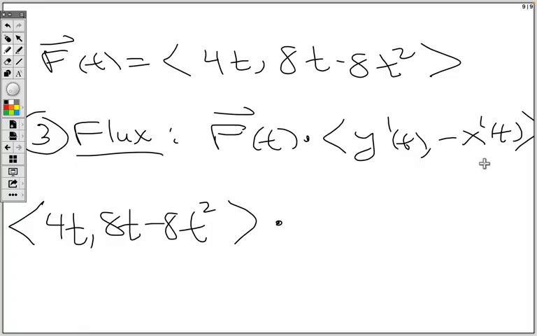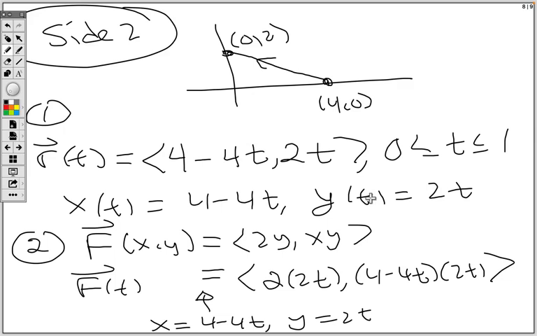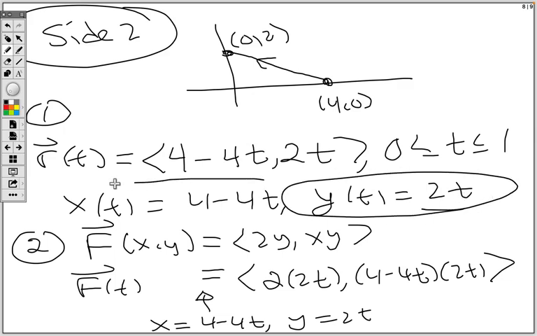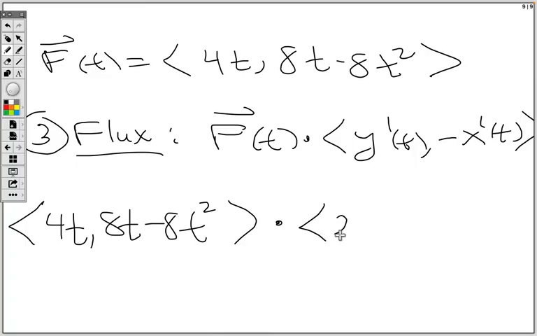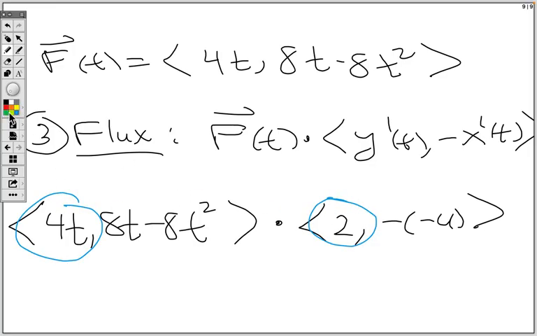And now I need (y prime, minus x prime). So go back here. Y prime would be 2. Minus x prime would be minus a minus 4. Everybody okay getting that normal vector there? So now we get back to the dot product: multiply corresponding components, add the results.